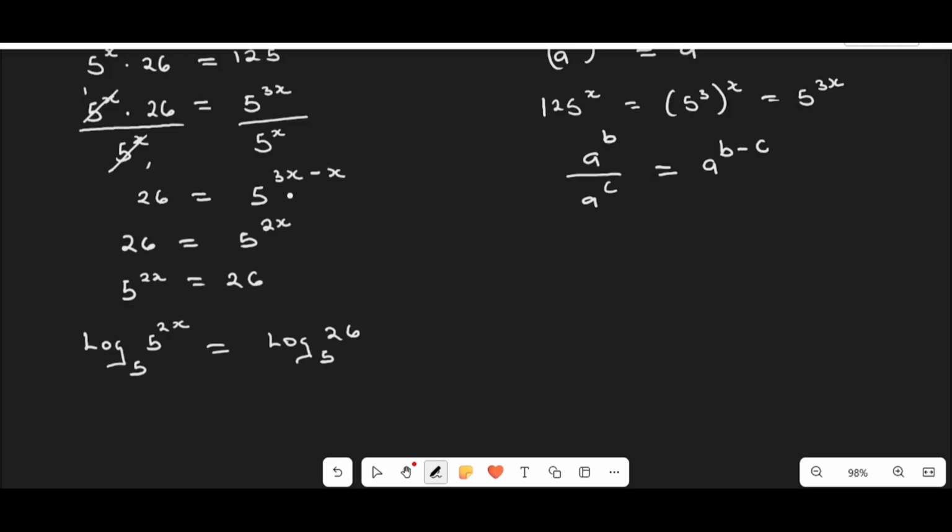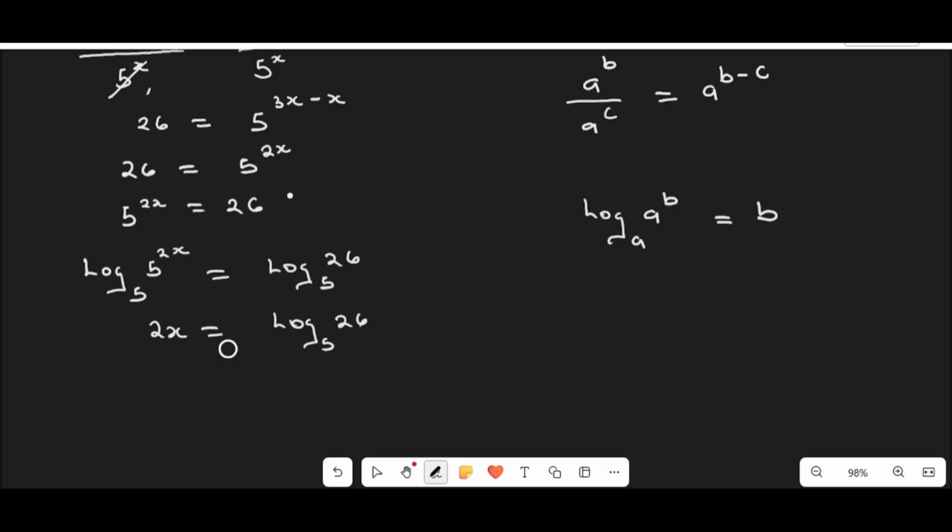I want you to note that log a raised to power b base a is equal to b. So let us apply this rule to this. So we can say 2x equal to log 26 base 5.